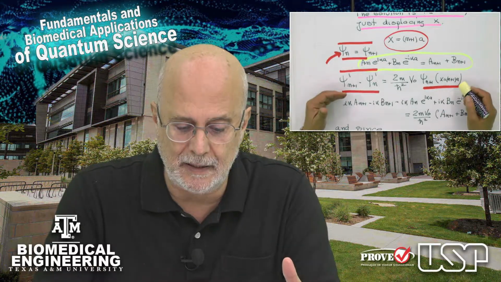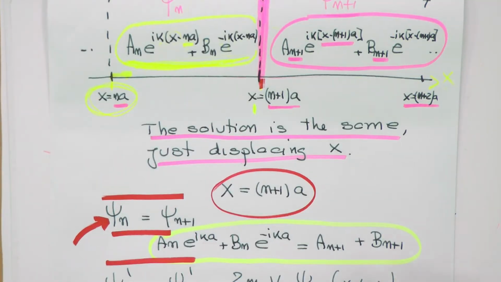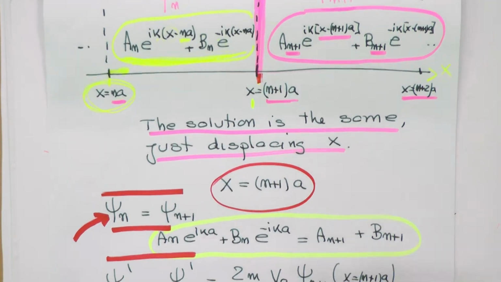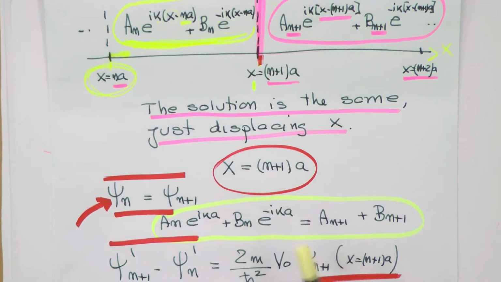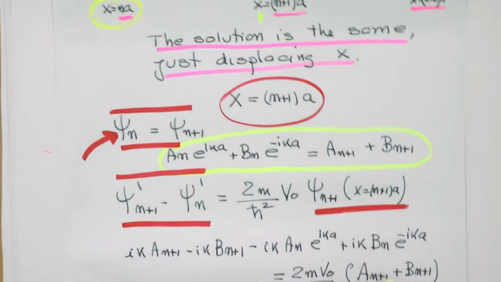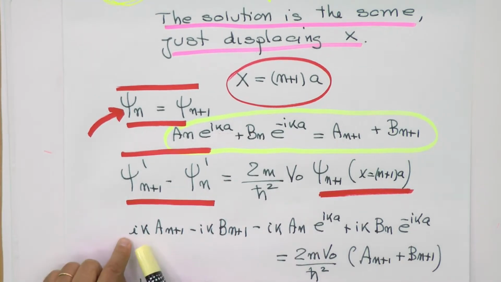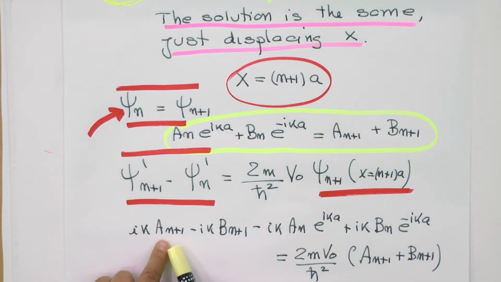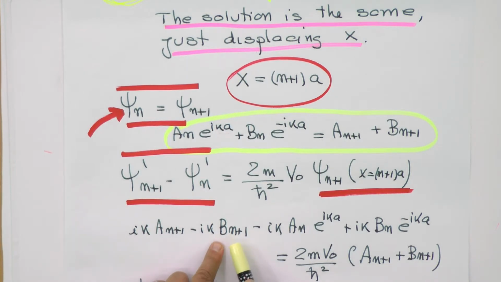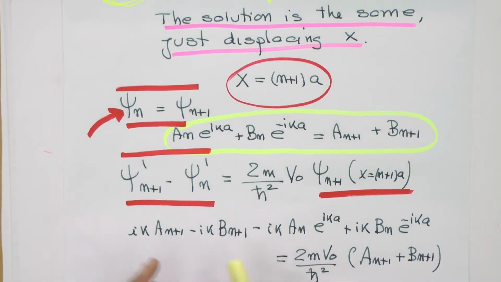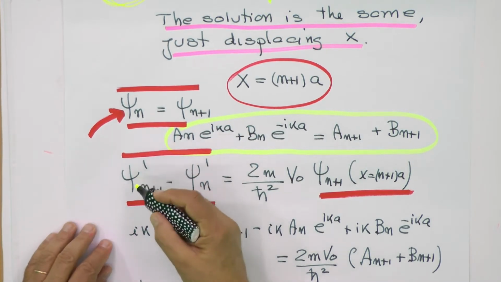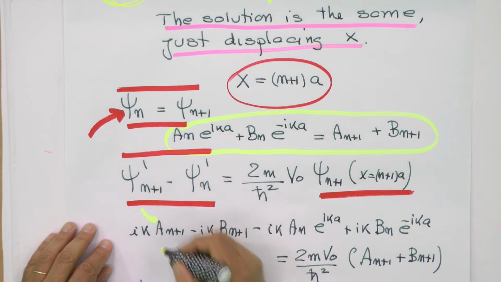So when we apply this condition for this side here, when we apply it at x equal to n plus 1 a, I'm going to have on the right side ik a index n plus 1 minus ik b index n plus 1. So that's this condition here, right? So this first part is this condition.